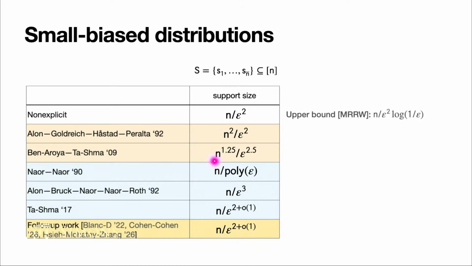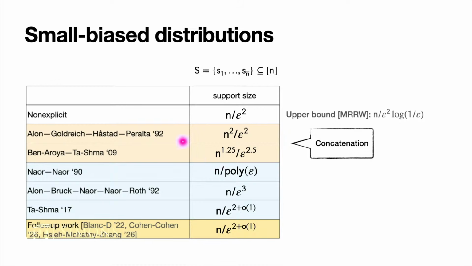You can see the progress. About 10 years ago, there was a huge breakthrough by Amnon Ta-Shma, who got nearly the correct expression. I will talk about it very briefly when we get to expanders. There's been some follow-up work suggesting alternative constructions.